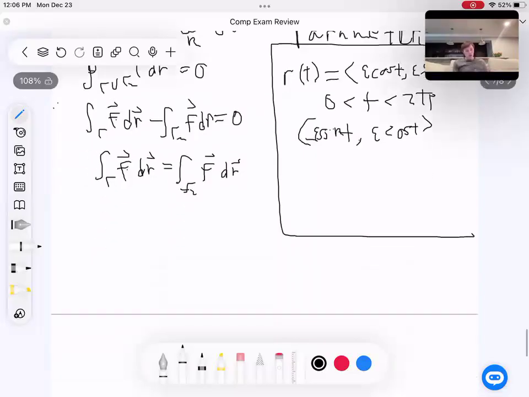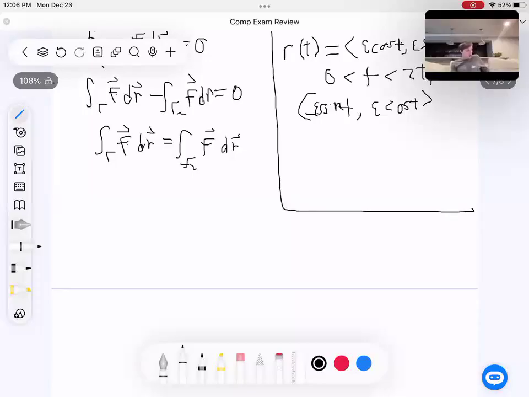So if we want to evaluate the integral, it's just going to be f of r of t, which is how we evaluate our line integrals. So that is going to be epsilon sine t over epsilon sine squared t plus epsilon cosine squared t, which is just going to be epsilon squared.